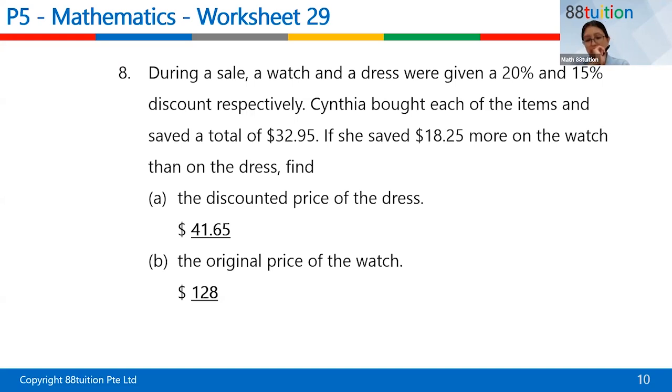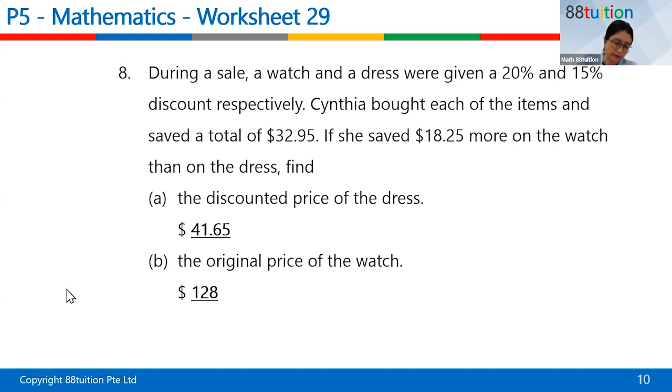So how then? How can we do it? If we say watch. If it's me, I'll do two equations because there's two values, right? What I'll do is you save a total, right?